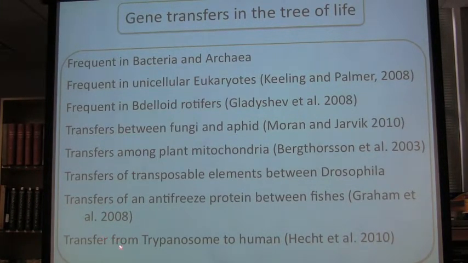And then there was also a report of a transfer from a trypanosome to human. The transferred DNA sequence from the trypanosome to human was then inherited by the children of the person who got the transfer. So overall, it seems like transfers are pretty ubiquitous, and it's useful for our model of genome evolution to include them to try to get a complete picture of the genome.